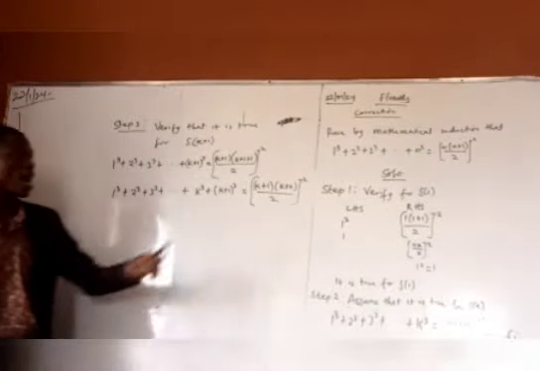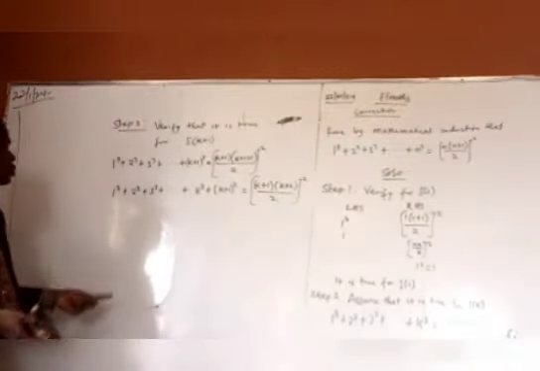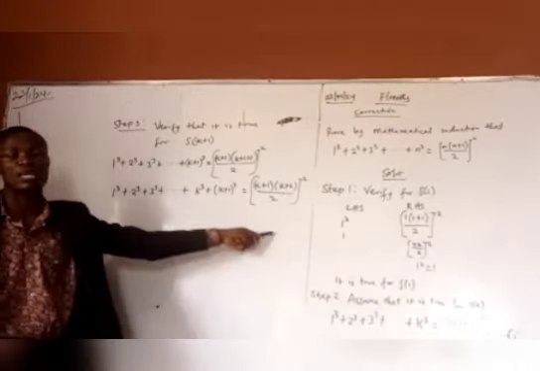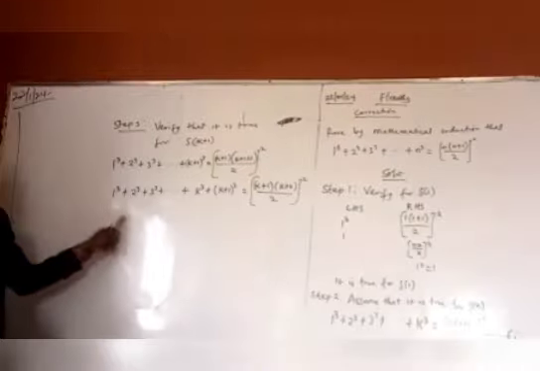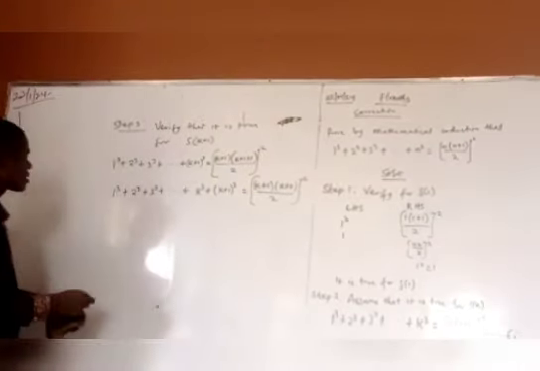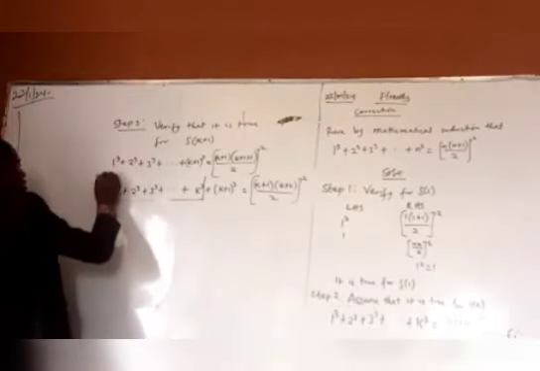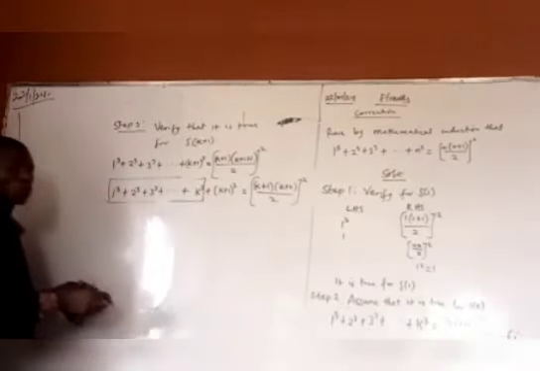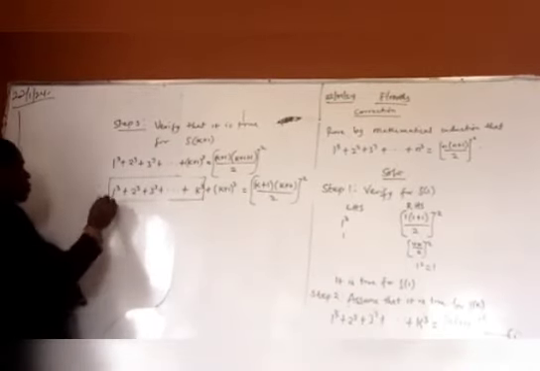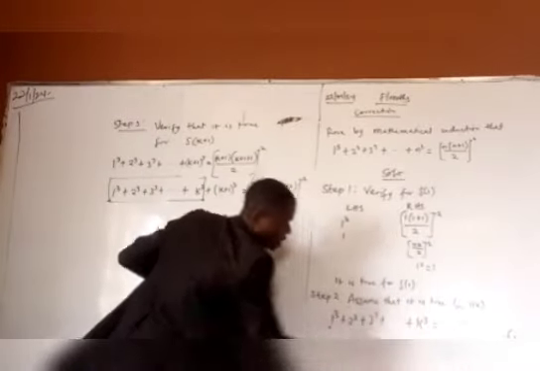Someone else can decide to expand this, which is so stressful. Someone else will decide to work from the left hand side, maybe simplify this to get this. Of course, that's what I'm going to do. I'm going to simplify this to get this. And since I have this now, I can replace from this point to this point with what I have in my step 2, because from here to here is the same as from here to here.